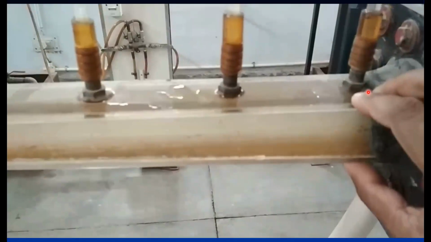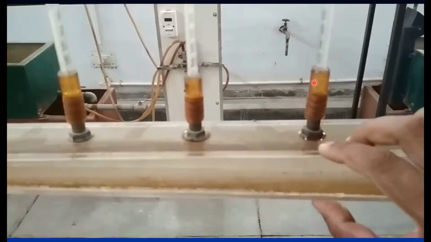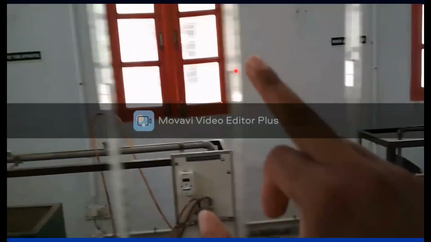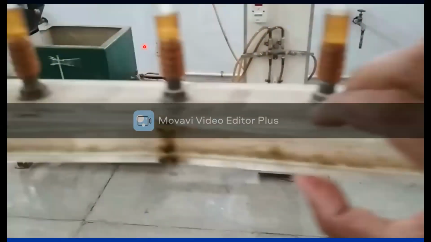So this is the first section, and this is the level of water in the first section. This is the second section, and the level of water in the second section. Like that, you can measure the level of water, that is the piezometric head, in each section.